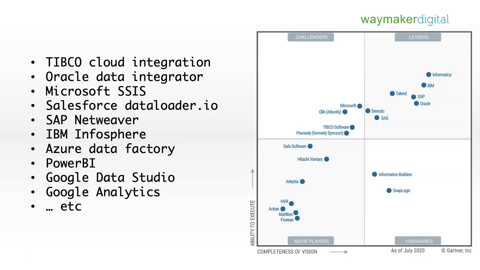Some leaders like IBM, Informatica, Oracle, some challengers like Microsoft, TIBCO. We have Safe Software and a few other ones like that. If you look at the map, you see it is based on ability to execute and completeness of vision. Leaders are way in the top right corner there.